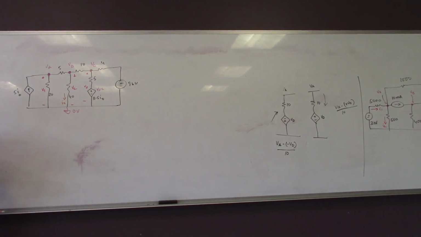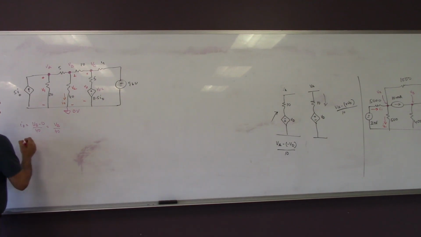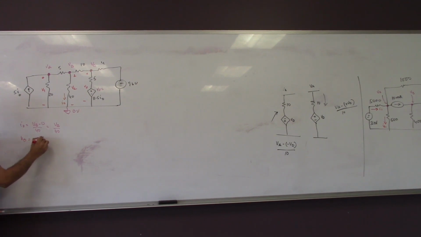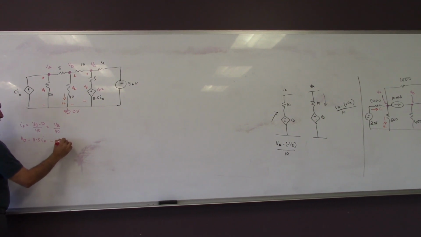I naught flows from VB to the ground, so I naught is equal to VB minus 0 over 4. Since VD is equal to 11.5 I naught, this will be equal to 11.5 VB divided by 4.